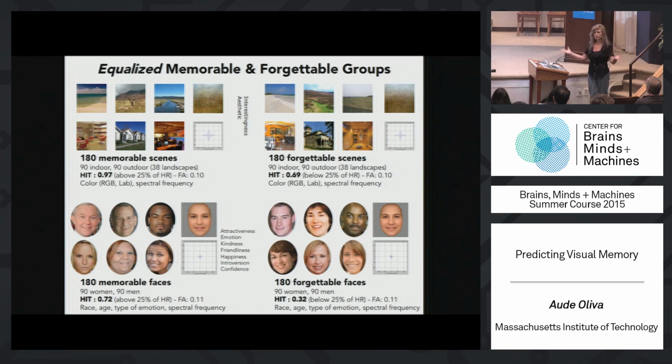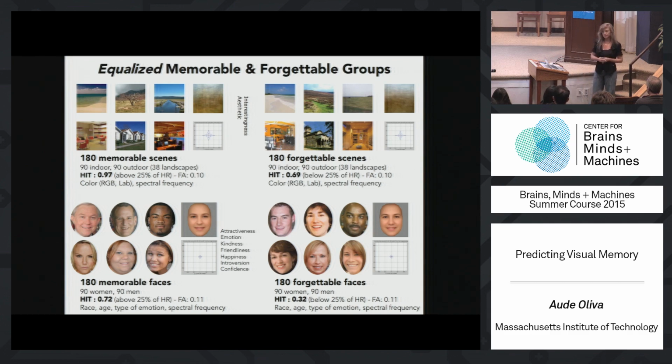If you take a collection of images like I showed you before, indeed, the photos that have people or action tend to be memorable versus the landscapes tend to be forgettable. So here you have a lot of visual features that will co-vary with the dimension of memorability.